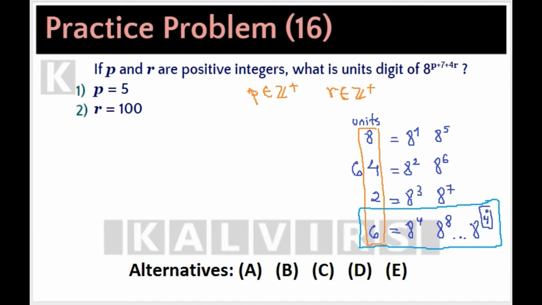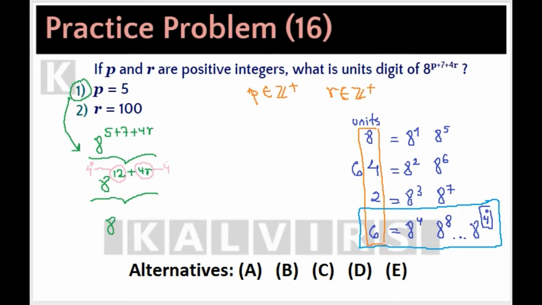Now, with this information, we can have a look at statement 1 alone. P equals 5, therefore, we have 8 to the 5 plus 7 plus 4 times r. And this is 8 to the 12 plus 4 times r. 12 is a multiple of 4, and 4 times r is another multiple of 4.